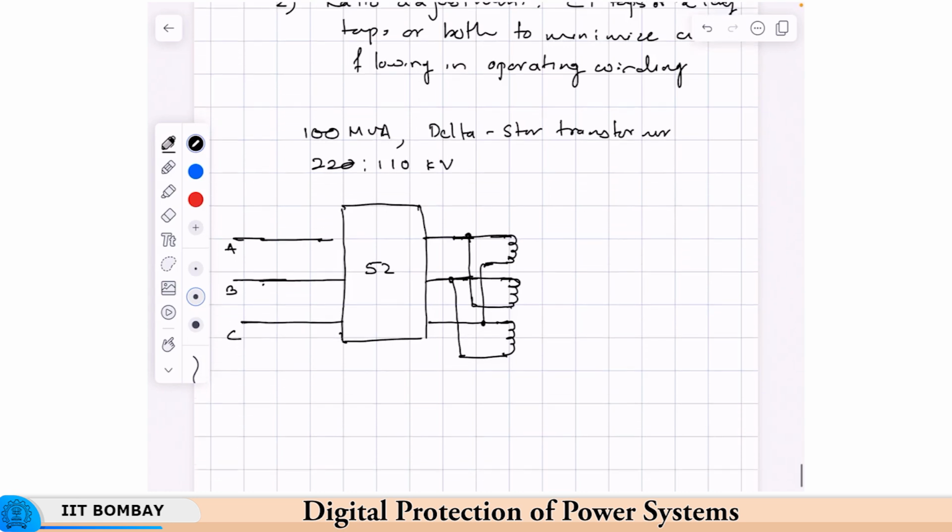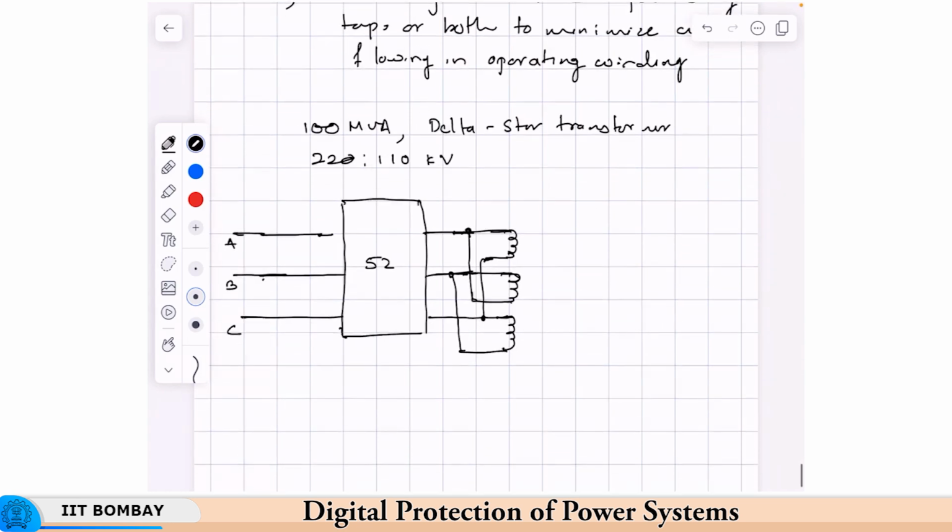Okay, so the current flowing here will be, say, this is IA, this is IB, this is IC. So IA minus IB, IB minus IC in this phase, and IC minus IA, because this is a delta. Similarly on this side, because it is just the circuit breaker which is in series.